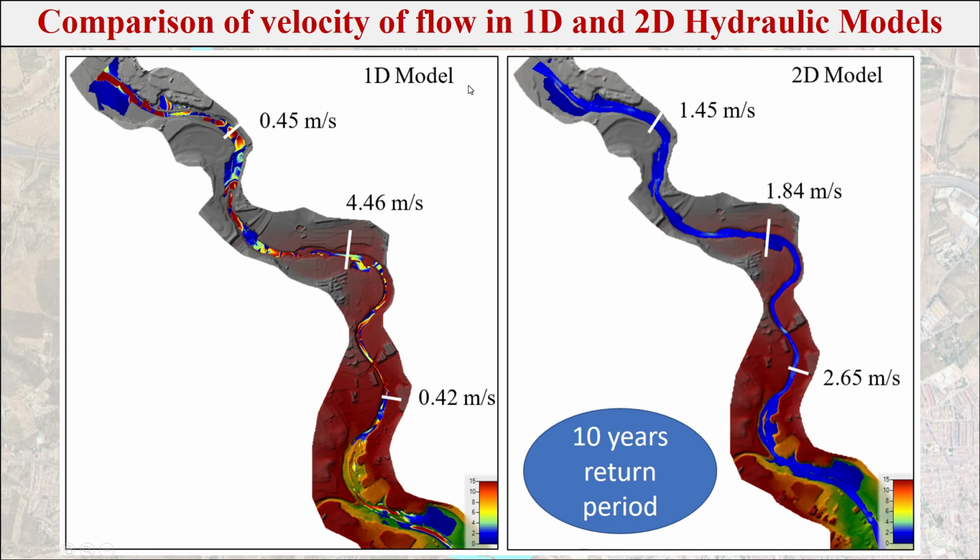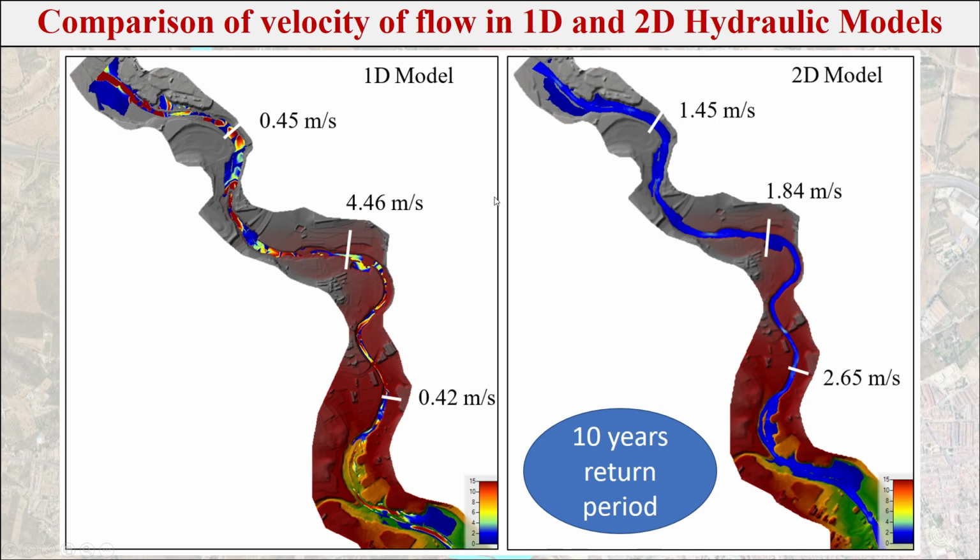Now after comparison of depth, I am going to compare the velocity of flow in the 1D and 2D hydraulic models. Like depth, the velocity of the flow may vary at different sections. In the one-dimensional model, at this section it is 0.45 meter per second, but here 1.45 meter per second.